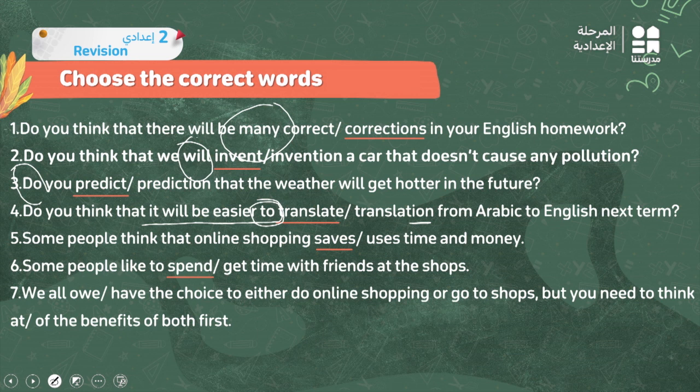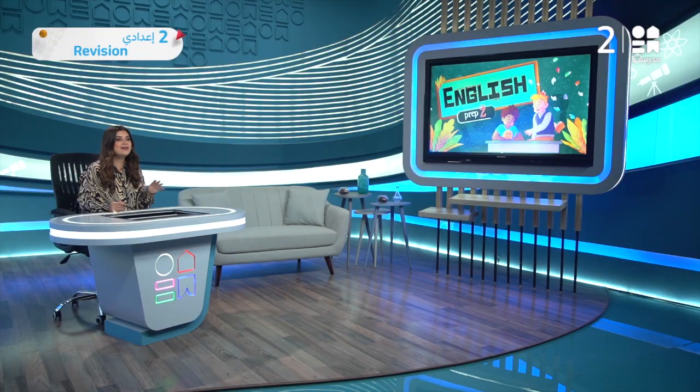Okay, number 7. We all owe or have the choice to either do online shopping or go to shops. So we all owe or have the choice. When I say I owe you a favor, for example, owe يعني بدين لحد بحاجة, بأدين لي بحاجة, يعني المفروض أعمل له حاجة. But we all have, لدينا أو نملك, طبعا it's we all have the choice, يعني نملك الاختيار.